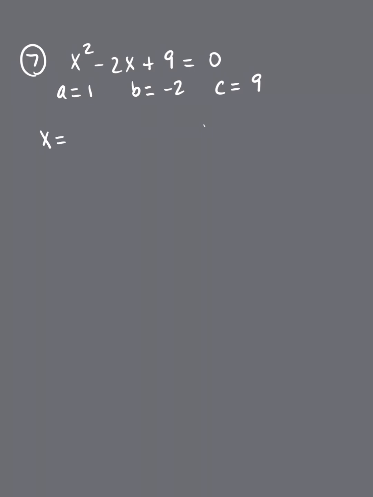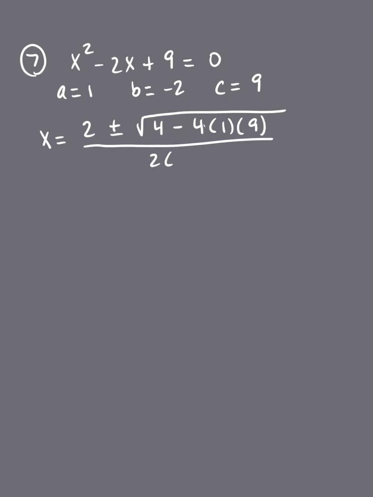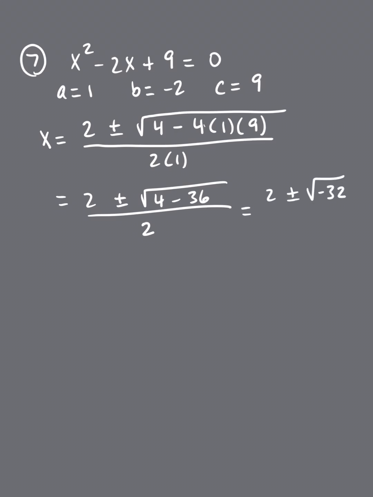So to solve for x, we'll do negative b, so that would be positive 2, plus or minus b squared would be 4 minus 4 times a times c, all over 2a. So we'll simplify. 2 times 1 is 2. 4 times 9 is 36, so we have 4 minus 36, which is the square root of negative 32.